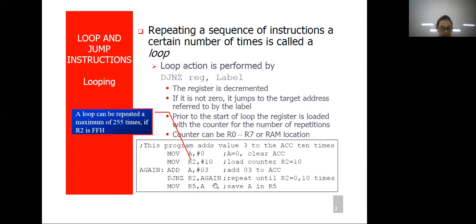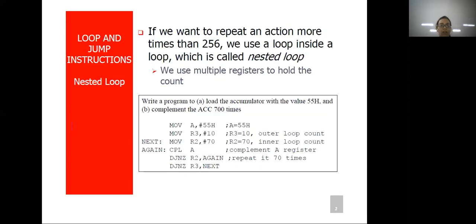This is the final instruction. So as long as the value of R2 is non-zero, this loop will keep going many times until R2 becomes 0. So this was the looping concept.